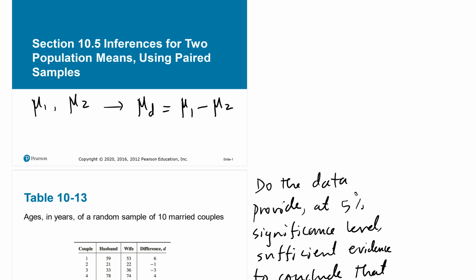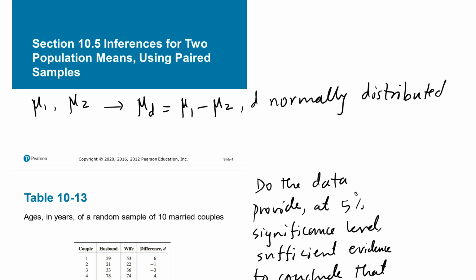We introduce the mu sub d for the difference, and d should be normally distributed. So we could use the tables, especially table 4.